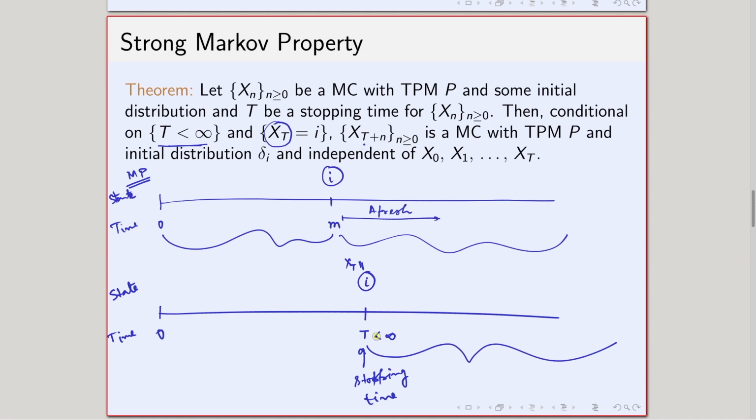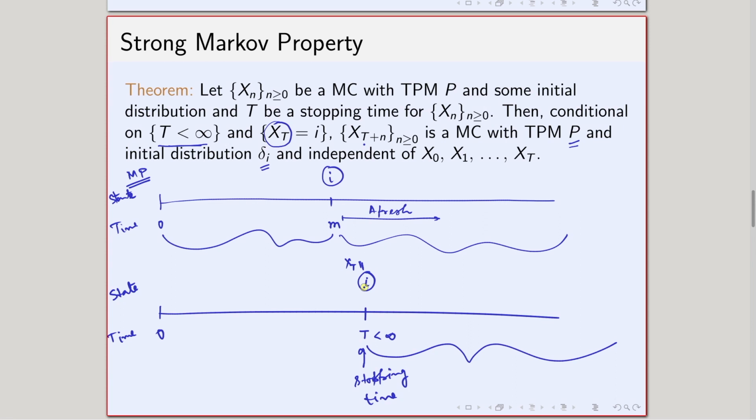So this sub part of the original Markov chain is again a Markov chain with the same transition probability matrix, and initial distribution delta i. So as if from i it is starting afresh.